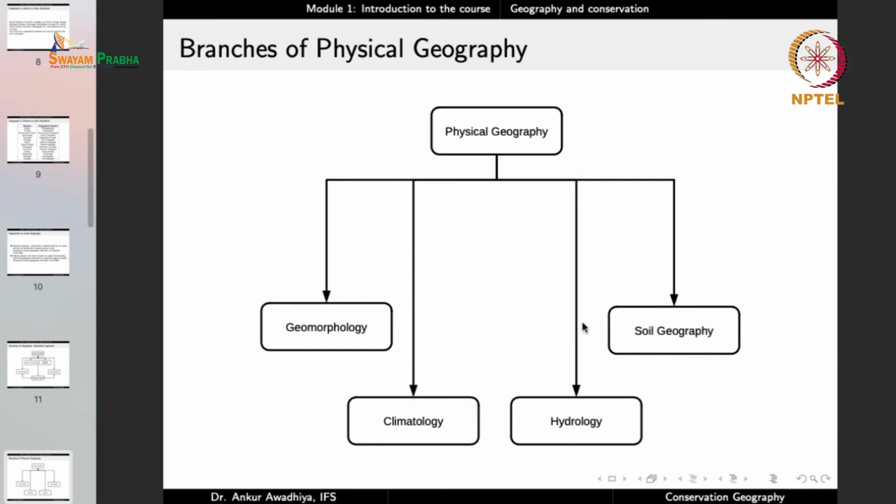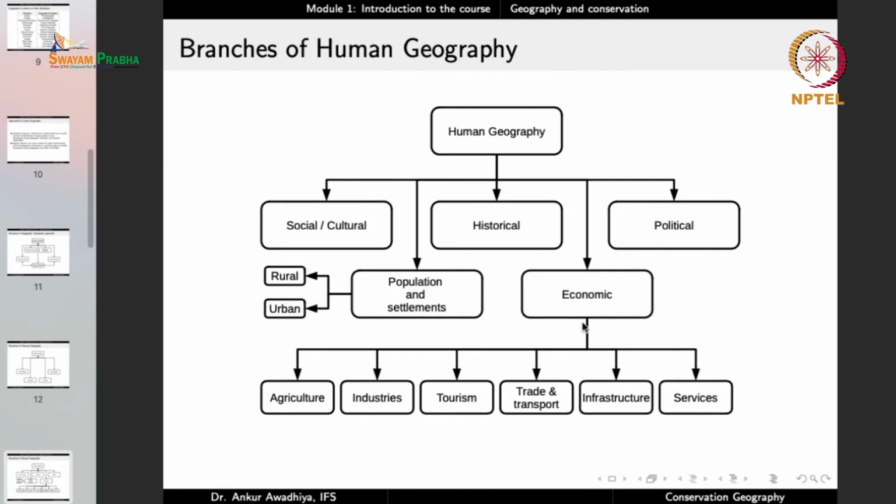We have soil geography, the study of areal differentiation in soil. In human geography, we have the subdisciplines of social and cultural geography. We have the subdiscipline of population and settlements, where we can look at rural settlements and urban settlements.